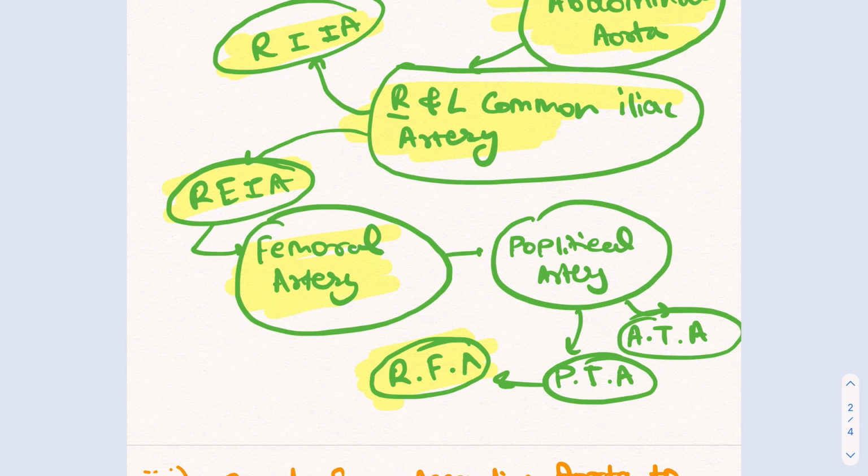The femoral artery then pierces through the muscles, goes posterior, and becomes popliteal artery once it enters the popliteal fossa. Then popliteal artery goes inferior, splits into anterior tibial artery, which goes anterior, and posterior tibial artery, which goes downward, inferior.